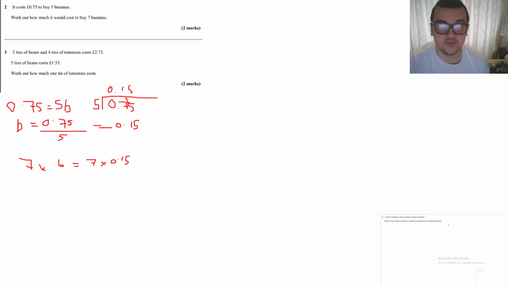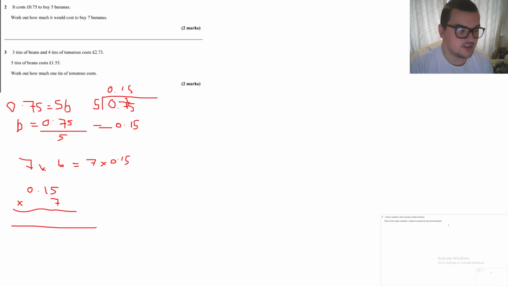We find this using multiplication, so 0.15 multiplied by 7. 5 times 7 is 35, so we put a 5 in the hundredths column, and our 3 carries into the tenths column. 7 times 1 is 7, plus 3 is 10, so we do a 0 in our tenths column, and a dot for the difference between pounds and pence, and the 1 carries over into the pounds column. 0 times 7 is 0, plus the 1 is 1.